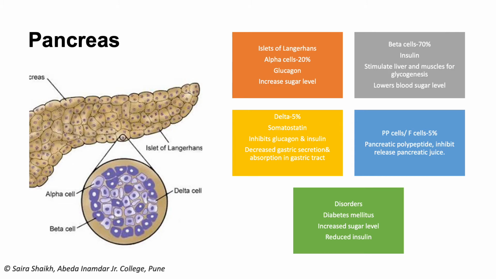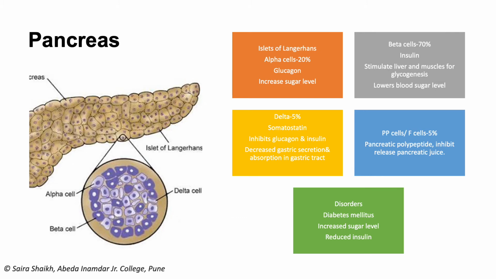Alpha cells are about 20%. They secrete the hormone glucagon. Glucagon is a hormone responsible for the increase of blood sugar level. It increases the glucose level in the blood.